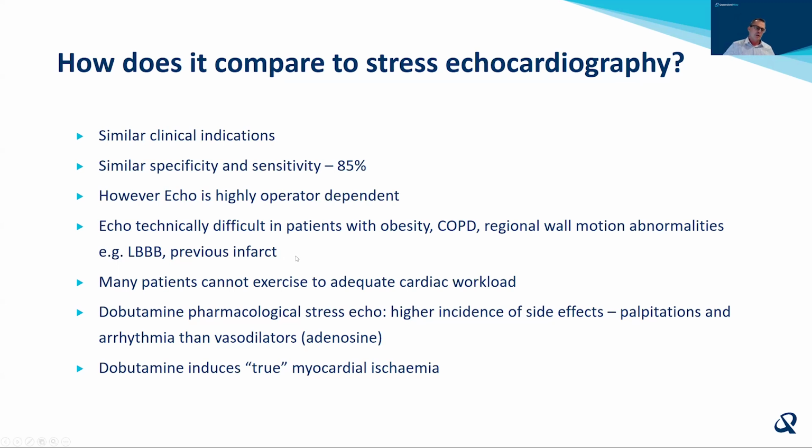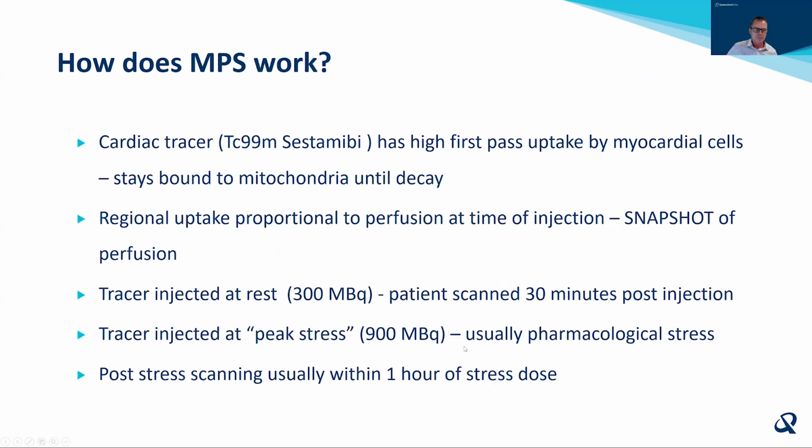Many patients cannot exercise to adequate cardiac workload for an exercise stress echo. And if you end up using dobutamine pharmacological stress echo, dobutamine has a higher incidence of side effects, for example, palpitations, arrhythmias, than vasodilators such as adenosine. And also, dobutamine induces true myocardial ischemia, whereas adenosine does not. We'll talk about that shortly.